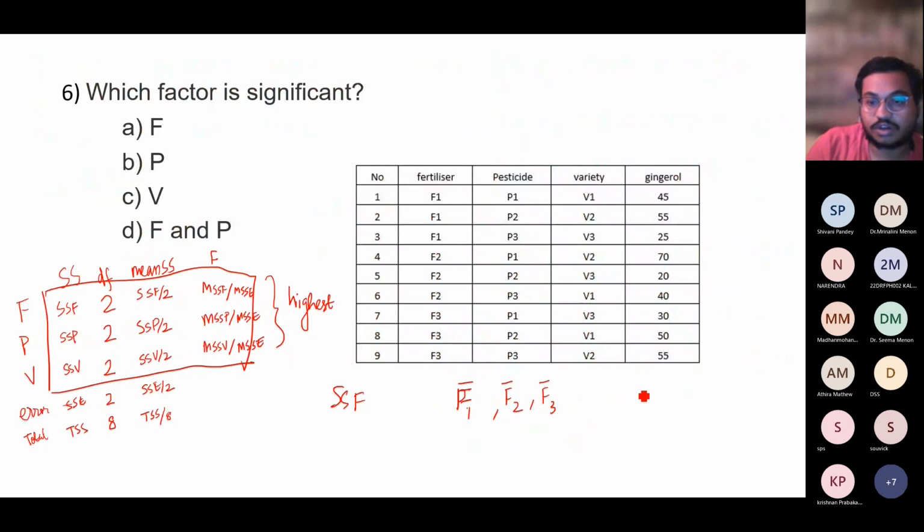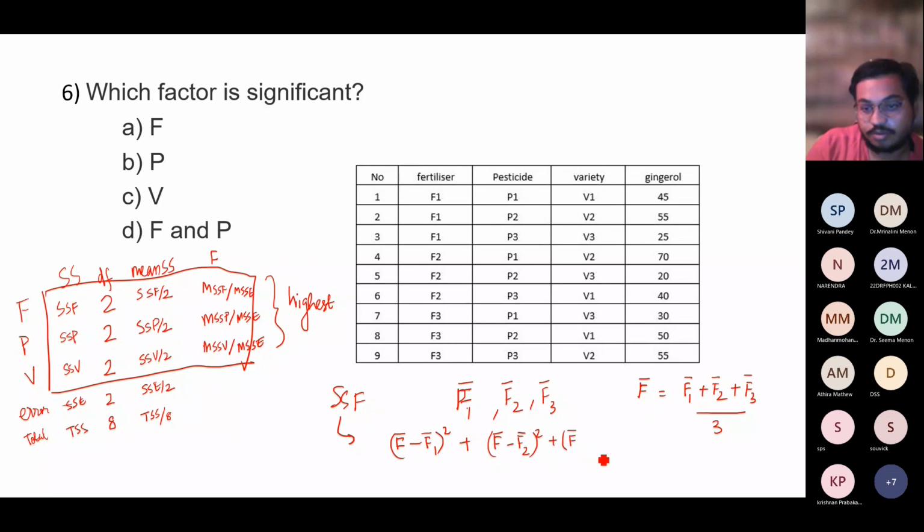Then we'll calculate the total average for fertilizers, which will be given by the average yield of fertilizer 1 plus the average yield of fertilizer 2 plus the average yield of fertilizer 3, divided by 3. And then we calculate the sum of squares of fertilizers by the average of fertilizers minus the average yield of fertilizer 1, whole square, plus the average of all fertilizers minus the average yield of fertilizer 2, whole square, plus the average of fertilizers minus the average yield of fertilizer 3, whole square.